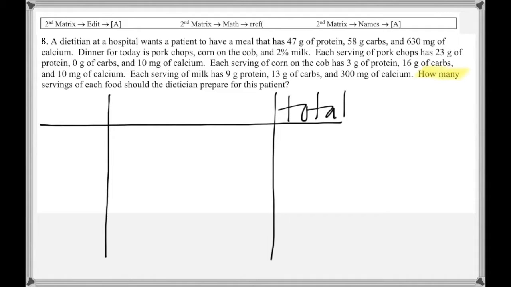So how many servings of each food should the dietitian prepare for this patient? That would be my variables x, y, and z. So I have the pork chops, the corn on the cob, and the milk.